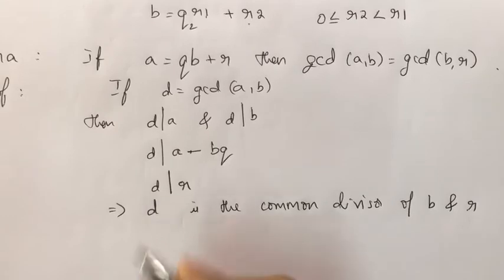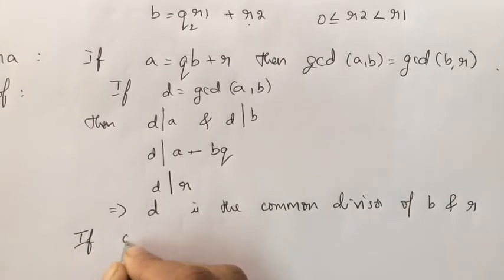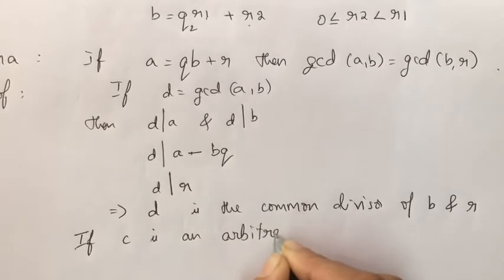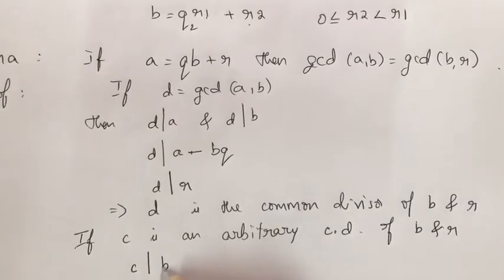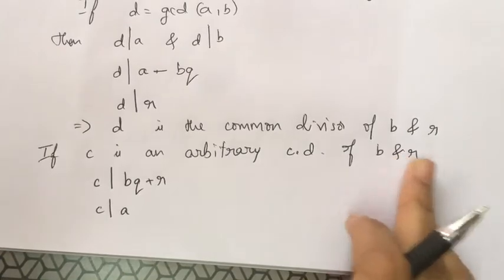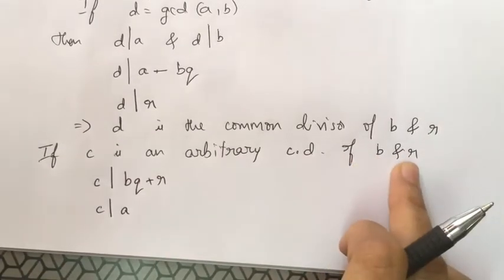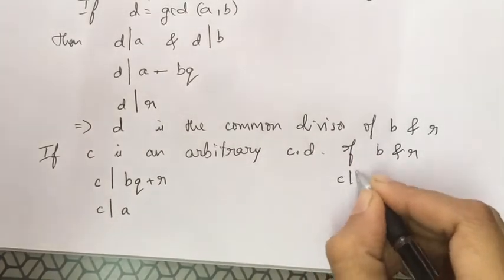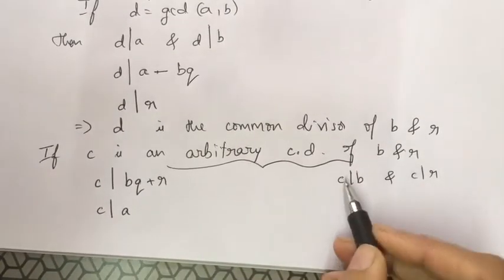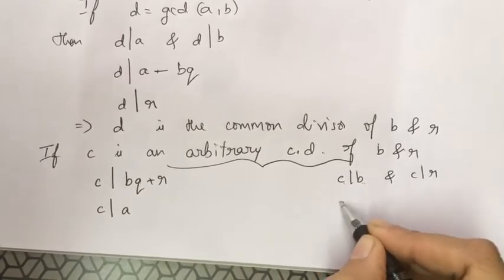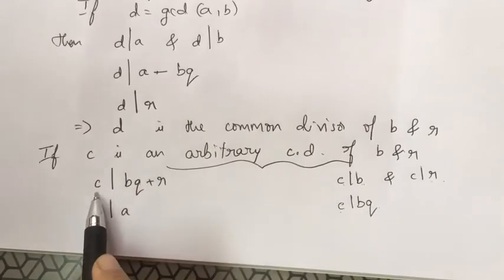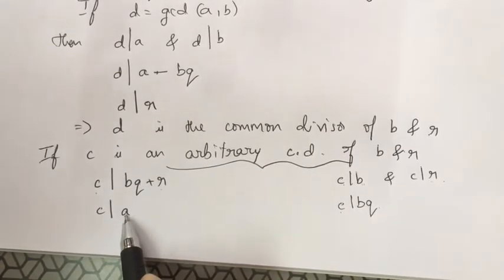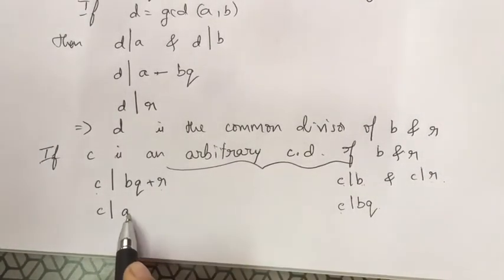Let me take any arbitrary common divisor, say C, of B and R. Then C divides B and C divides R. When C divides B, C must divide BQ for some integer Q. Then C divides BQ plus R, which is nothing but A. Therefore, C divides A, and C divides B.